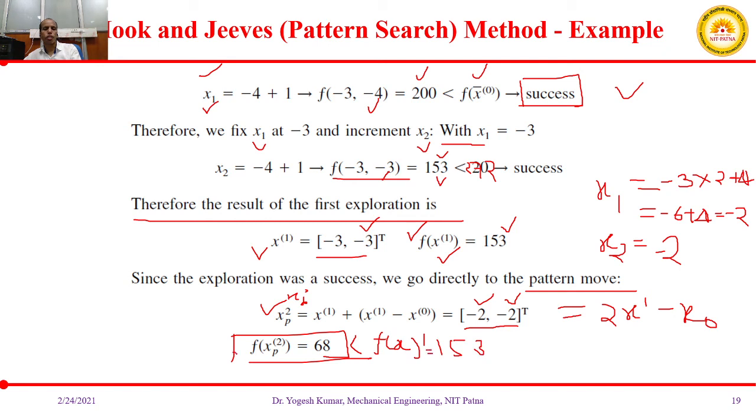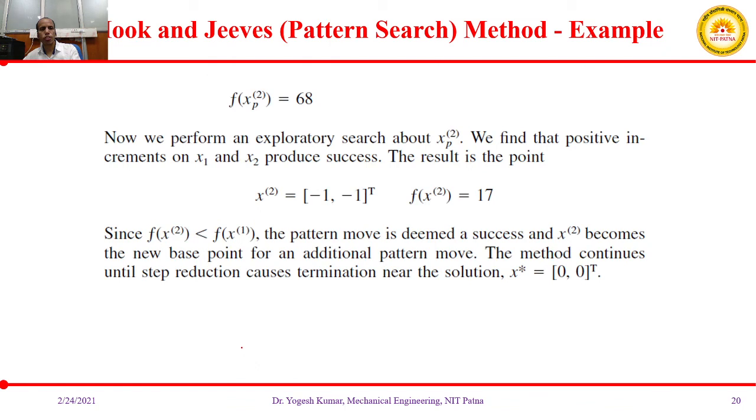So since this is having a minimum value, we can say the pattern move is successful, and it may be said that it is the next possible solution.